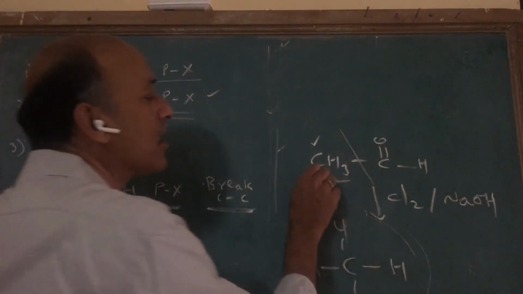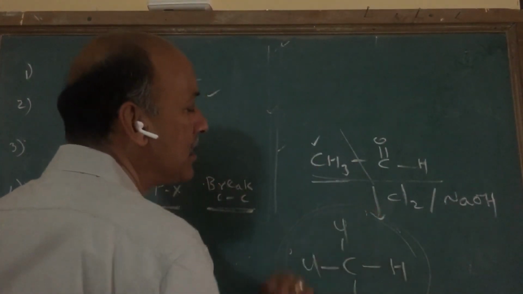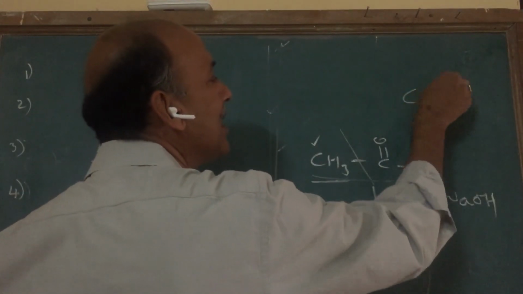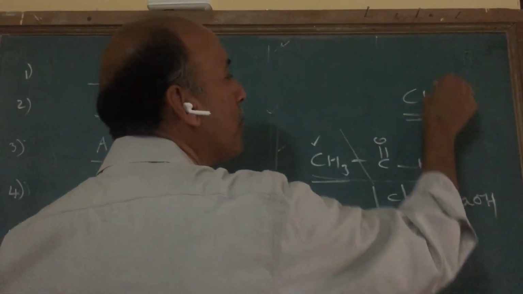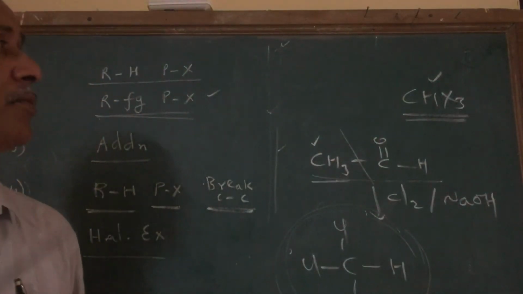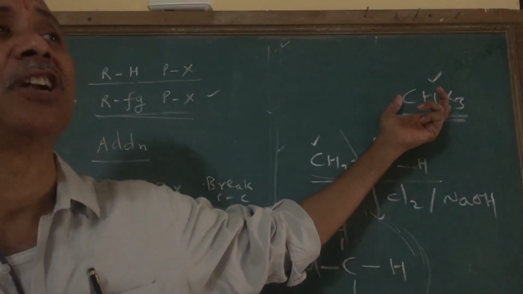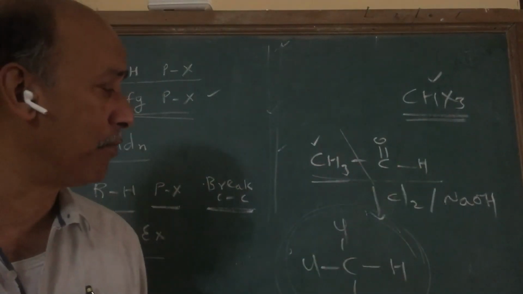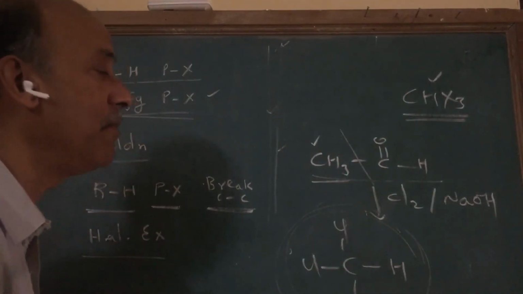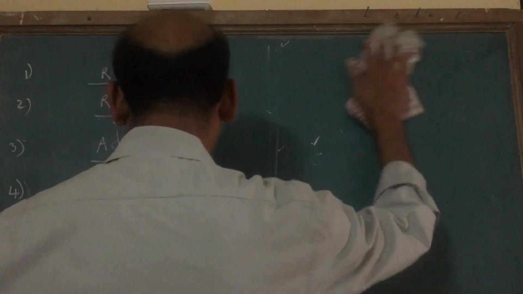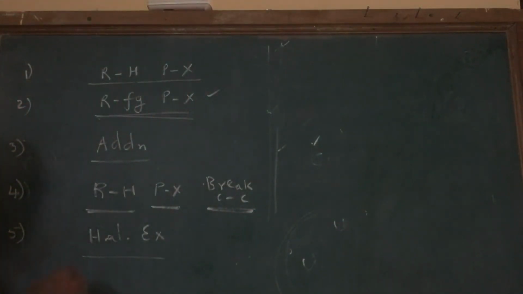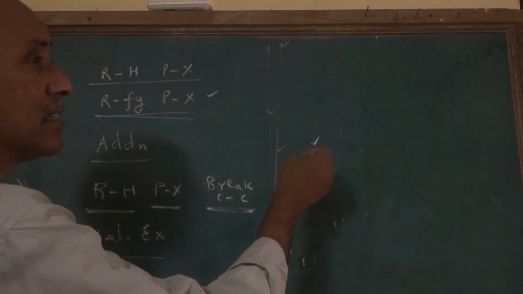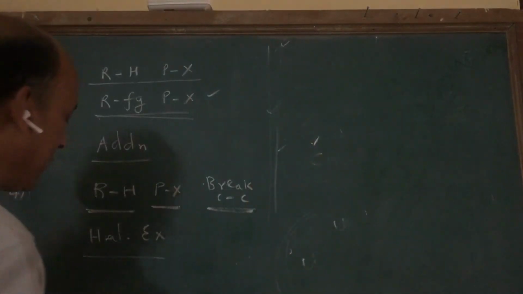In fact, what compounds can undergo this reaction to give products like CHX3 is a very important JEE and competitive question. The CHX3 is called haloform. Haloform reaction is given by what type of compounds? We will be studying in one video later on. Notice that in that reaction, X is added and the C-C bond is breaking.